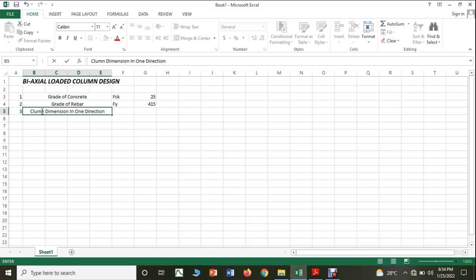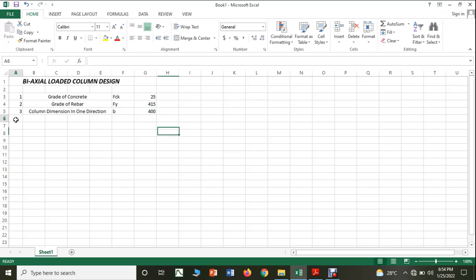So column dimension in one direction, let us give that as B, and let me give that value in mm as 400.